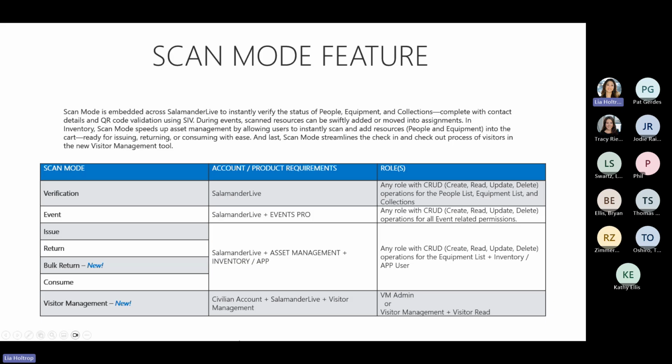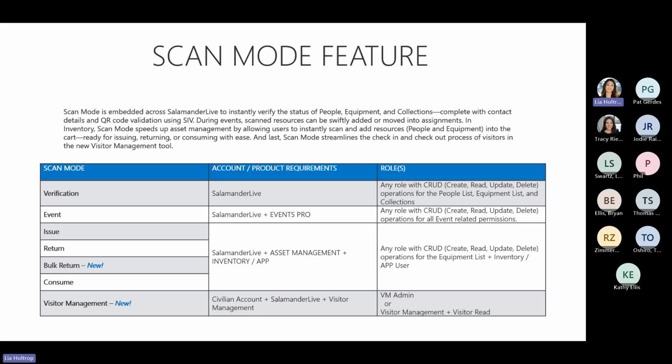And then last but not least is our visitor management scan mode. Again, this is brand new as well. For this, the account, you must have a civilian account. So visitor management now is only available within a civilian account. You have to have SalamanderLive, and you must also subscribe to visitor management.